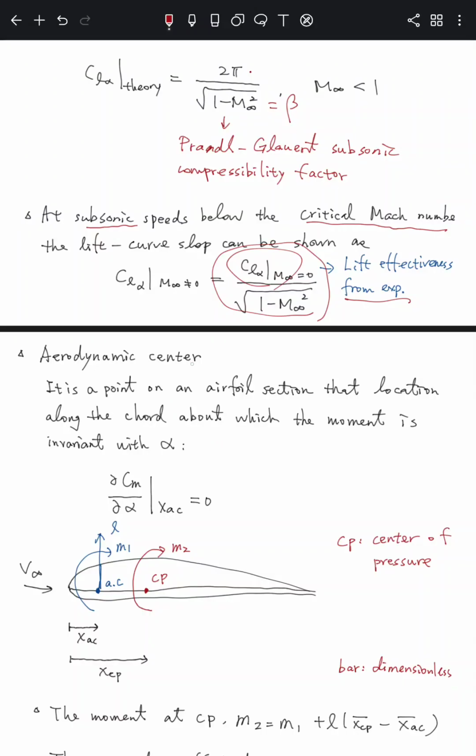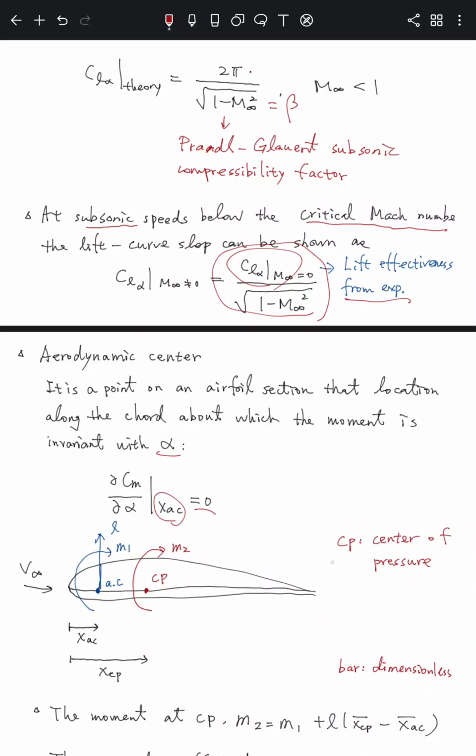The aerodynamic center is located along the chord, about which the moment is invariant with angle of attack, which means partial Cm over partial alpha at the aerodynamic center equals 0.